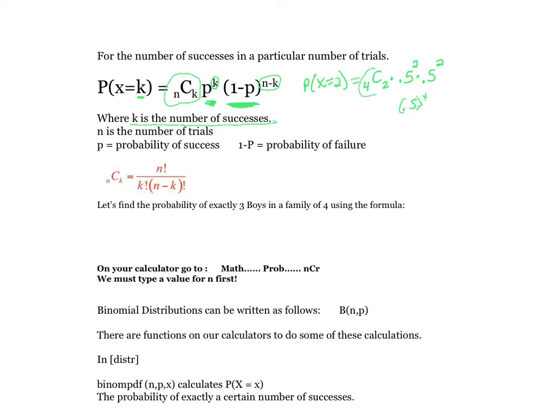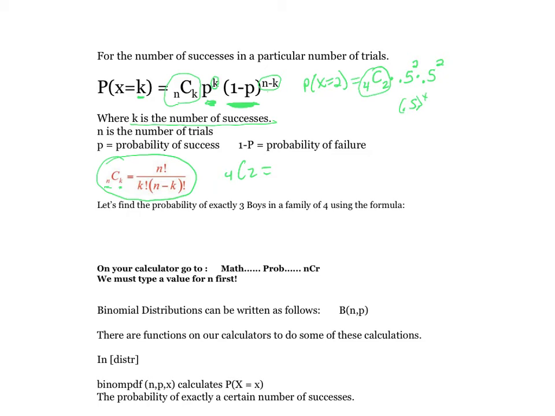But what is this 4C2 thing? Well, if you look down here, this stands for how many different arrangements there are of a certain number of trials and a certain number of successes. So when I do 4C2, when I do this formula, it's going to tell me how many different arrangements there are of 2 boys and 2 girls in a family of 4.